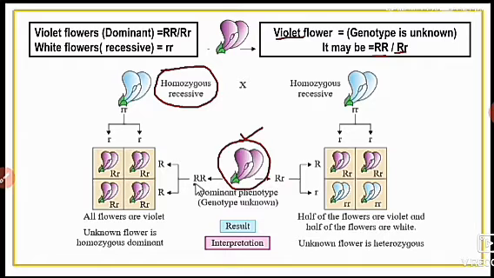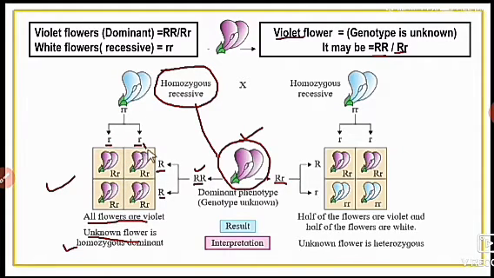See, capital RR is for the dominant phenotype, purple flower, and capital R small r. If it is crossed with homozygous recessive and all flowers are violet, then the unknown flower is homozygous dominant. The genotype is capital RR, which produces capital R gametes, and for the recessive, small rr.